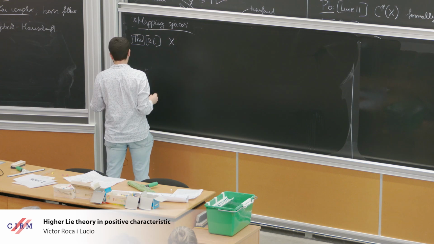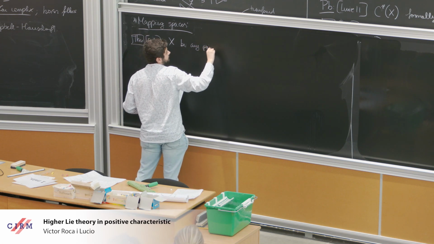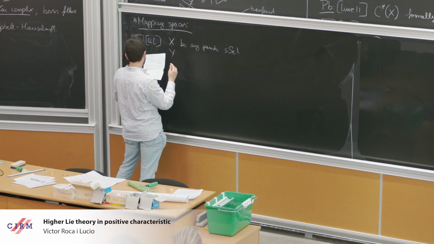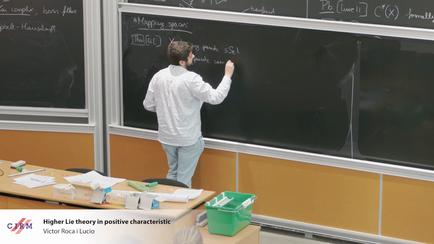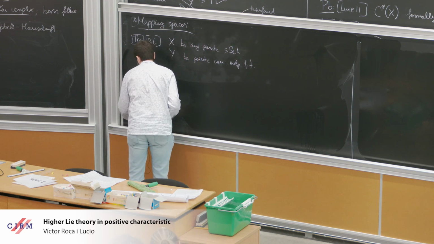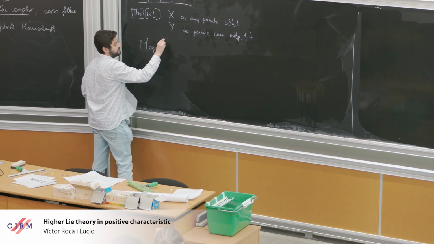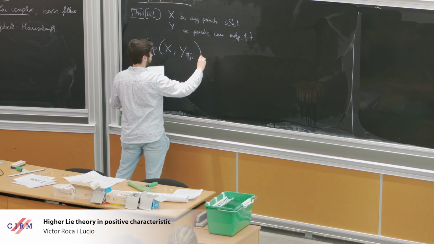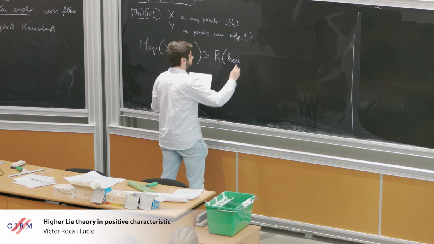Let X be any pointed simplicial set, and let Y be pointed, connected, nilpotent, of finite type. Then the mapping space of X to the p-completion of Y can be given in terms of explicit models with absolute partition algebras, like this.